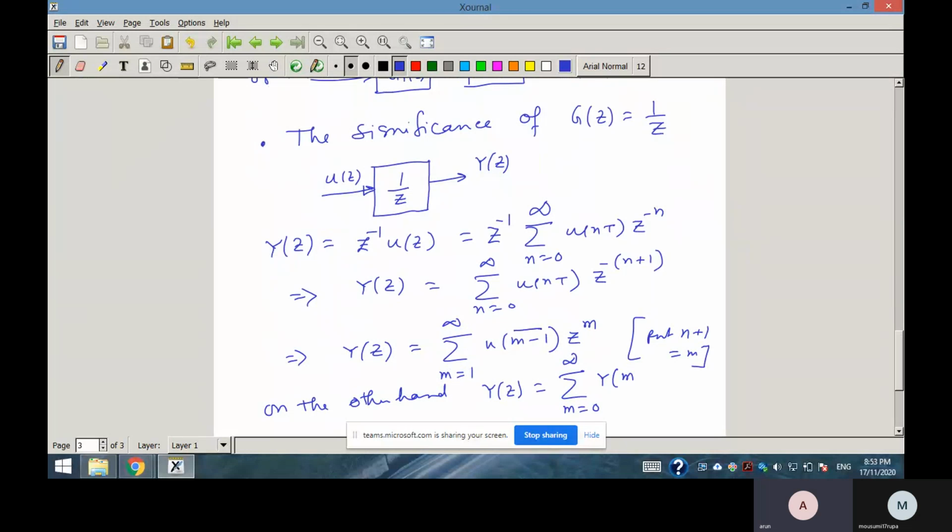So m minus 1 into t, actually the t term is there, y(mt) into z to the power minus m. So here minus m.